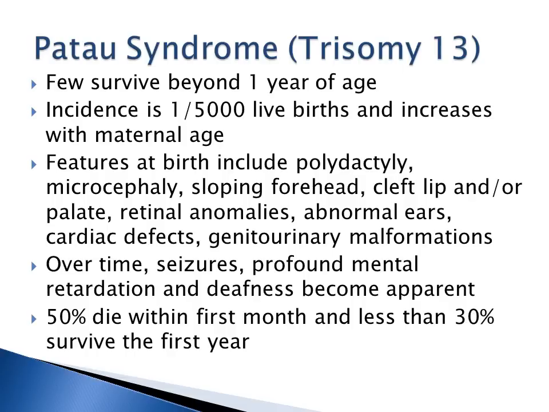The features include polydactyly, microcephaly, sloping forehead, cleft lip and palate, retinal anomalies, abnormal ears, cardiac defects, genitourinary malformations, and over time you can get seizures, profound mental retardation, and deafness. 50% of individuals with trisomy 13 will die within the first month, and less than 30% will survive the first year of life.